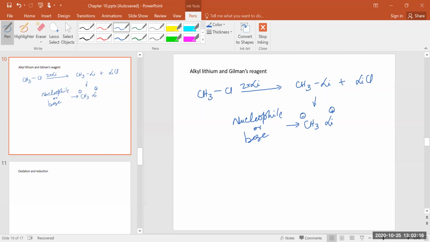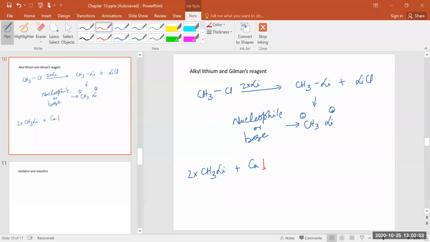It has some different applications as well. One of the important applications of alkyl lithiums is that they are used to make another reagent called Gilman's reagent. Gilman's reagent is formed when two equivalents of CH3Li are reacted with copper iodide.